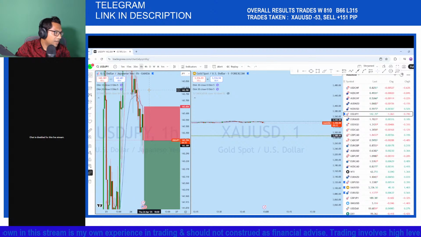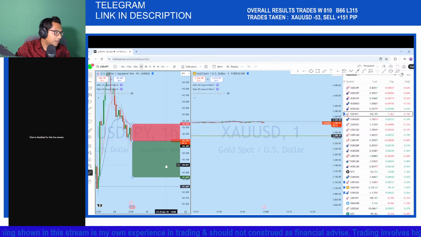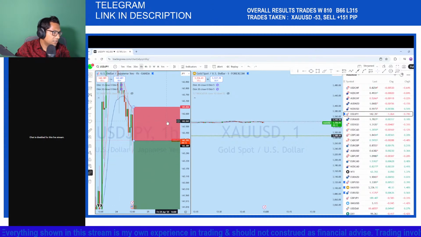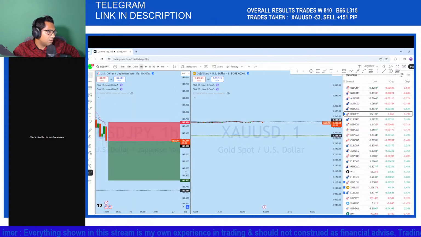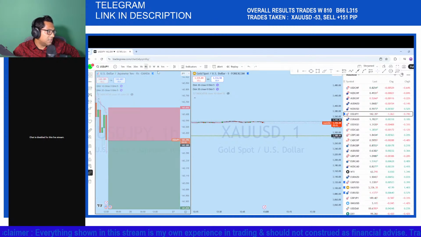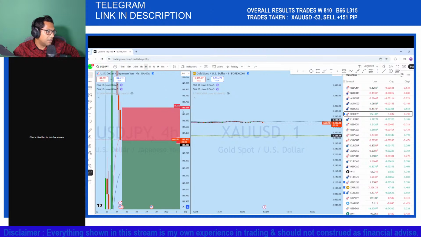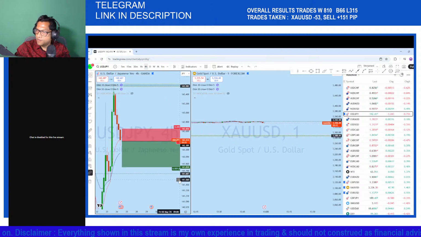This 1 hour candlestick pattern is a full bearish engulfer, crossing that high, crossing that low, which shows that the market is trending with momentum here.